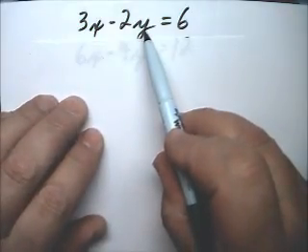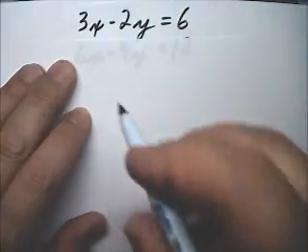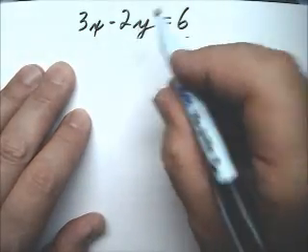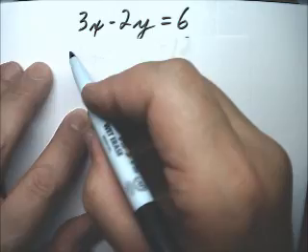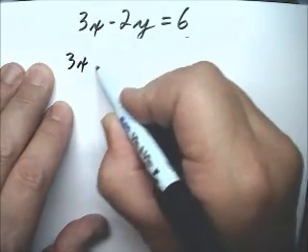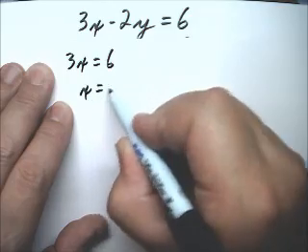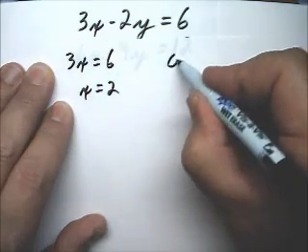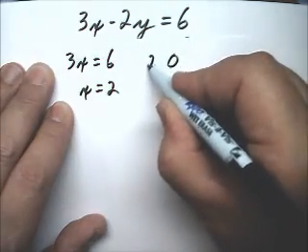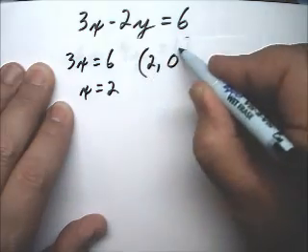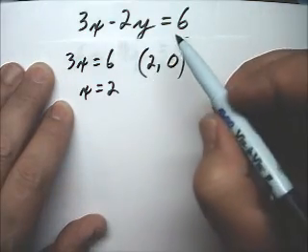See, if y is 0, then x is 2. If y is 0, this term disappears, so I end up with 3x equals 6, and x equals 2. So if y is 0, x is 2, so I have the point (2, 0).